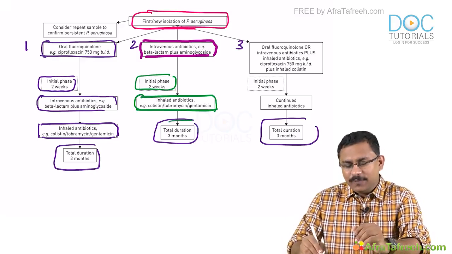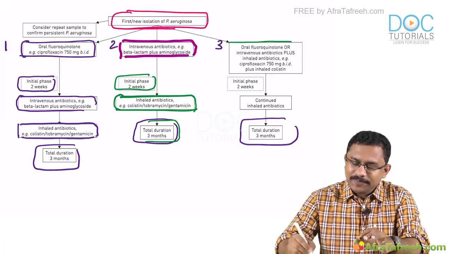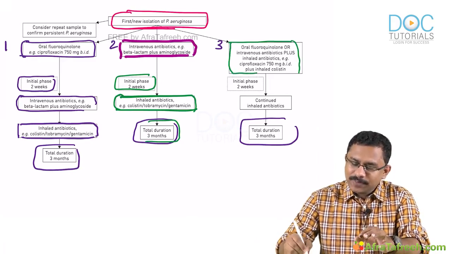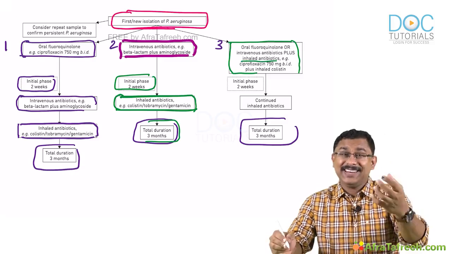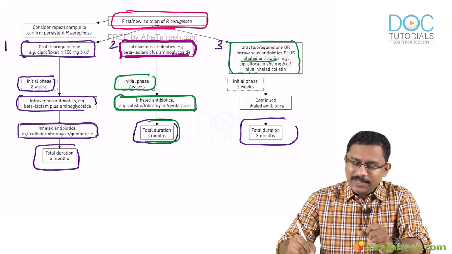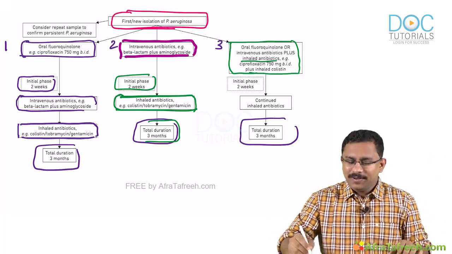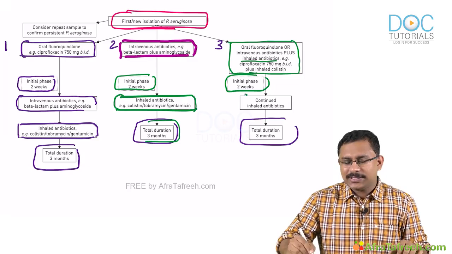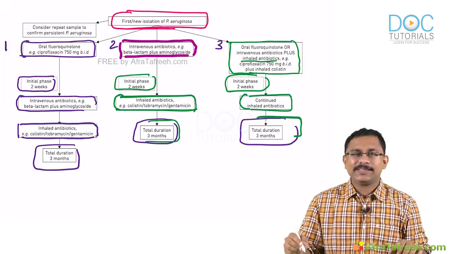So that again is given for a total duration of what? 3 months. Or then you can go for a combination, that is your oral fluoroquinolones or IV antibiotics plus inhaled antibiotics, that is straight away. Okay. So in that case, you are going for a more aggressive therapy in the initial 2 weeks, and then you continue the inhaled antibiotics for a total duration of 3 months.